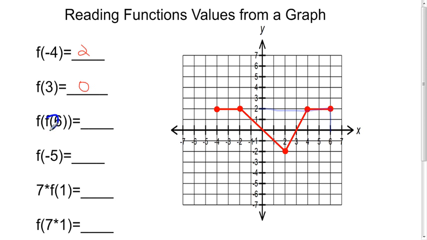So f at 6 is 2, therefore I'm asked to find f at 2 in the second evaluation of this function. So I will go to 2, find its spot on the graph, then I will realize that its y value, the output, is -2.